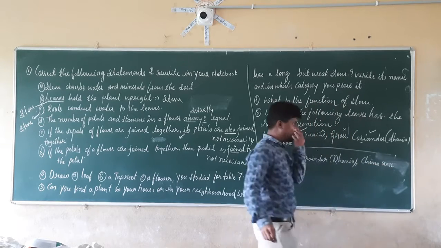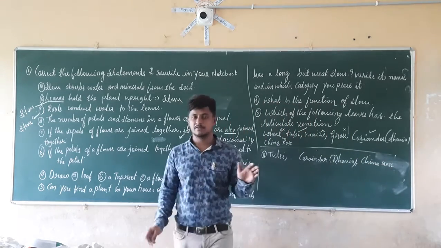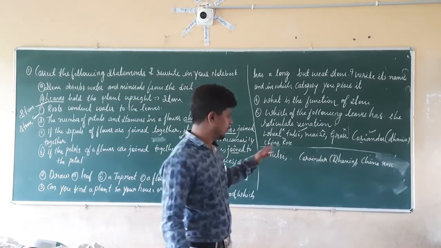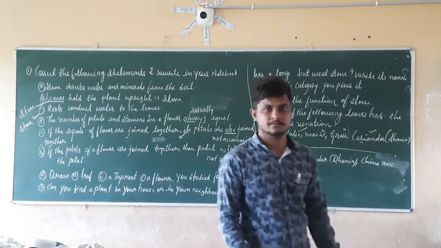So these are the three plants which have reticulate venation.